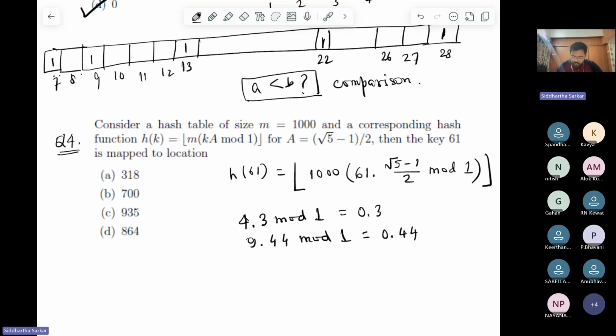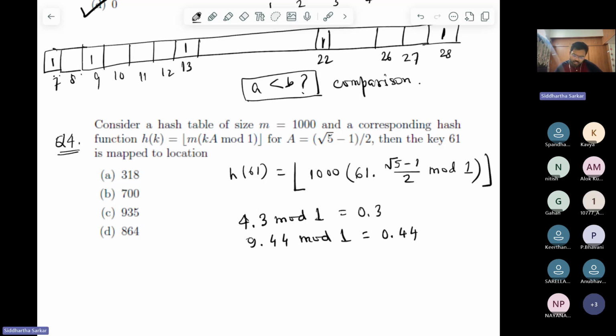Gahan is also getting 700. Anubhav has also got 700. So there is good confidence that 700 is probably the right answer. Spandana is also getting 700.